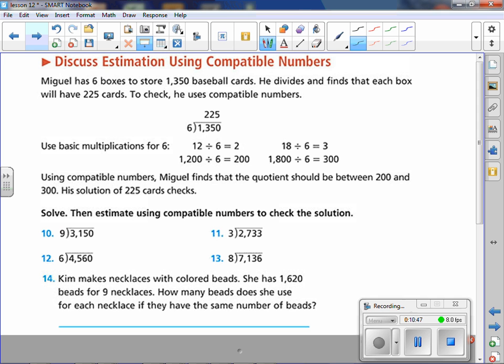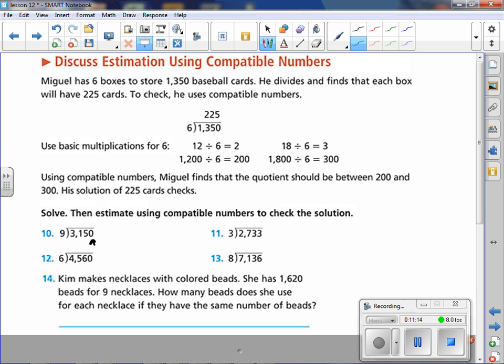So when I look at this one, I could think about what are compatible numbers that might work better. So instead of 3,150, I might start thinking, well, what's a factor of 9 that gets me close to that? 27, right? 9 times 3.